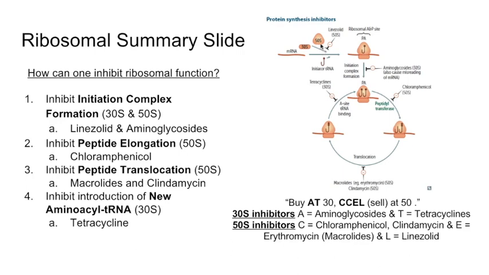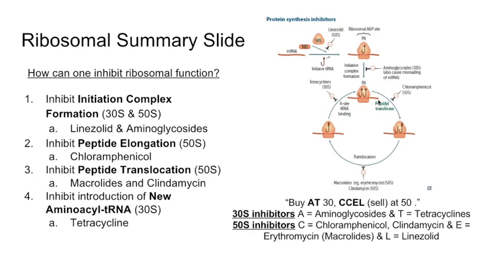So it stops the 50S from binding. And the aminoglycosides will bind the 30S and do the same thing. The aminoglycosides also cause misreading of the mRNA.